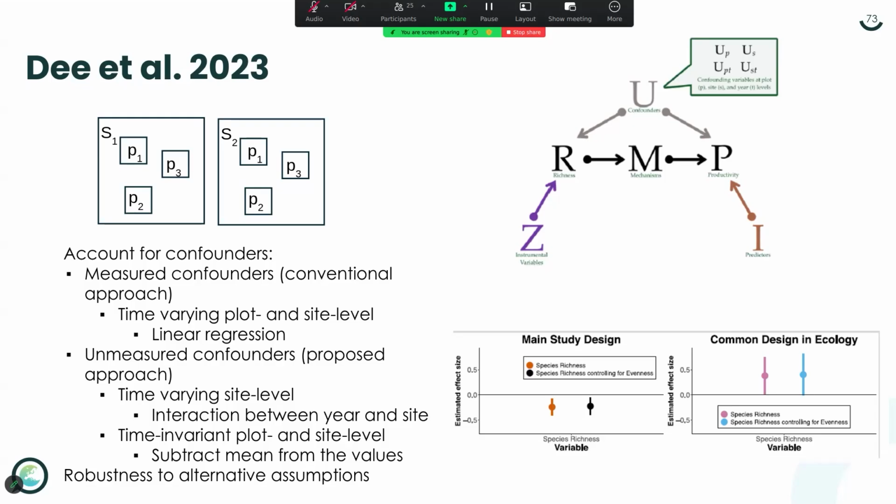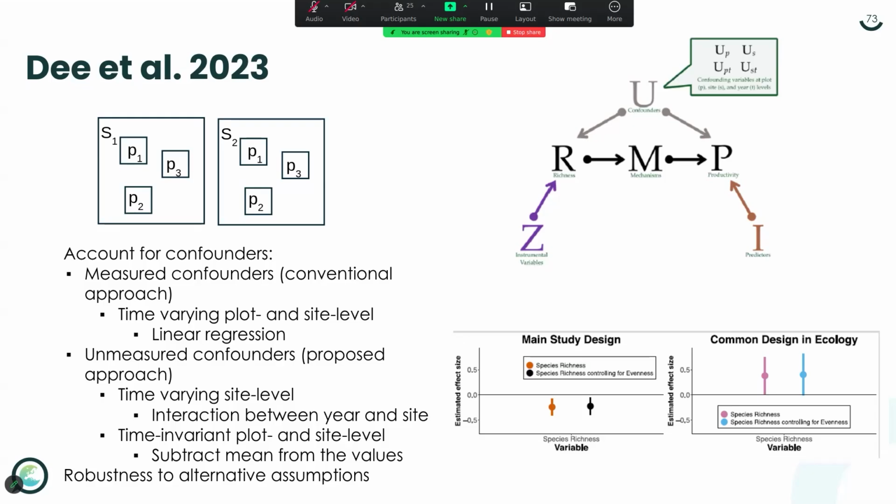So the idea here is that there is always some level of baseline that you can compare the variation to. You cannot account for unmeasured confounders that would vary in time and between all plots, but you can account for confounders that, for example, vary between plots but do not vary in time. So there is always this idea that you can set a baseline, for example, on site level, and then compare the plots to that.